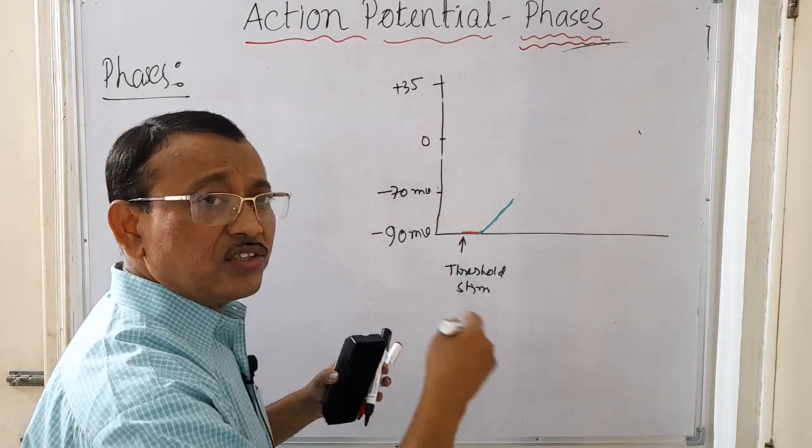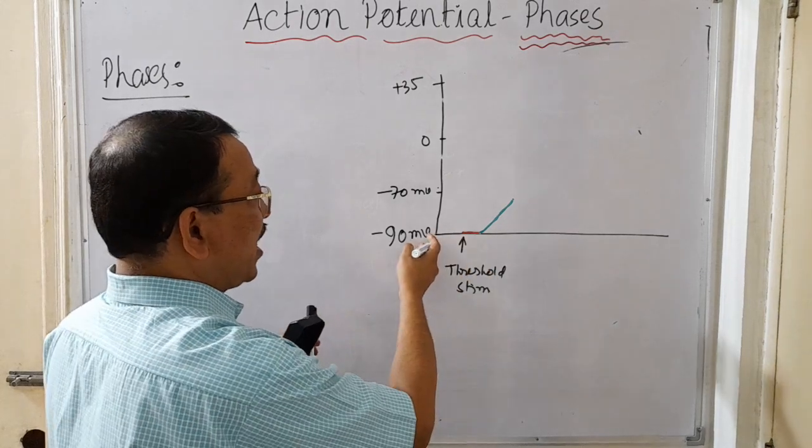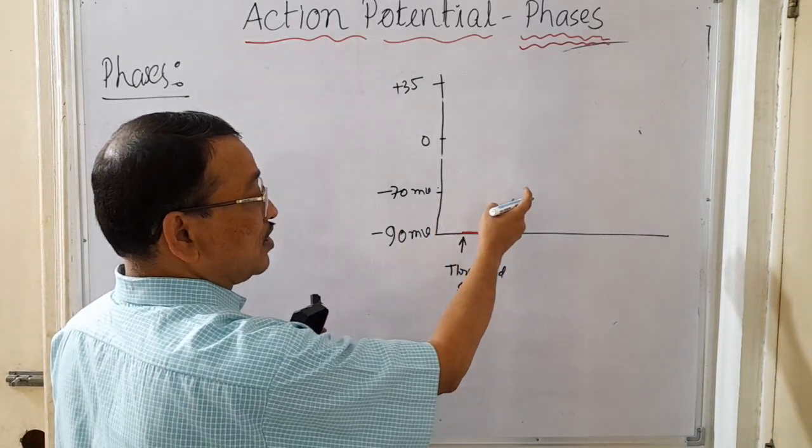Electronegativity is getting decreased from minus 90 to minus 70 gradually.